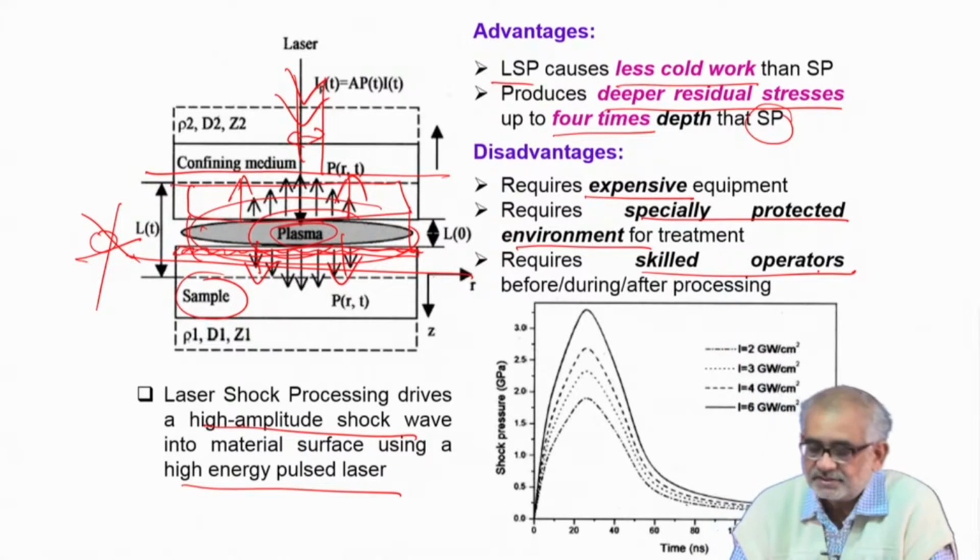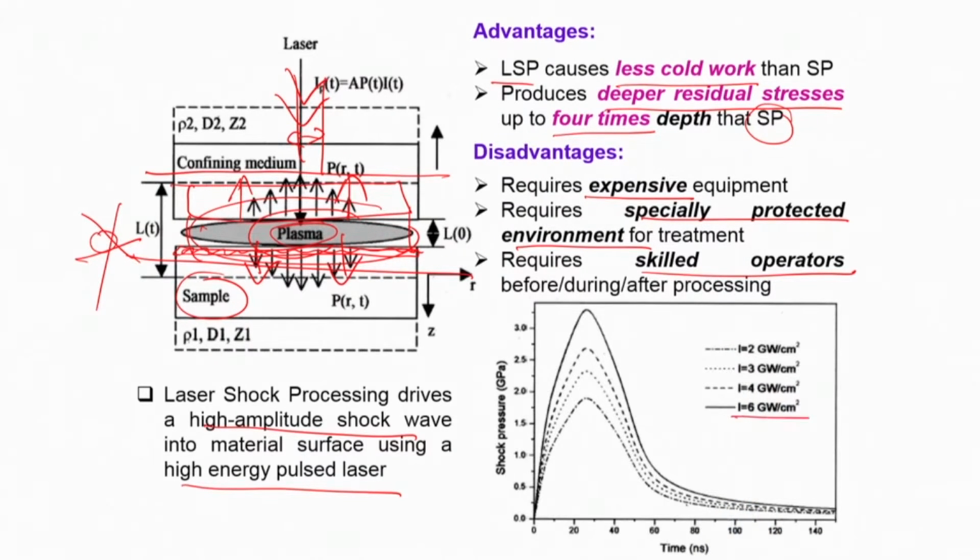So depending on the laser fluence or power density, for example, this is what is going to happen when you have 2 gigawatt per centimeter square, and compared to that, when you apply 6 gigawatt per centimeter square, the shock wave or the shock pressure that you generate, and particularly the amplitude, the maximum pressure that you can generate, will be much higher.